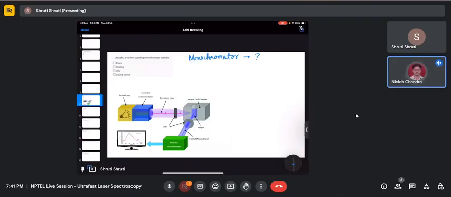Okay, so when the light goes through this slit, the slit can be controlled. So suppose the beam is this broad, we are allowing a part of it to go through.